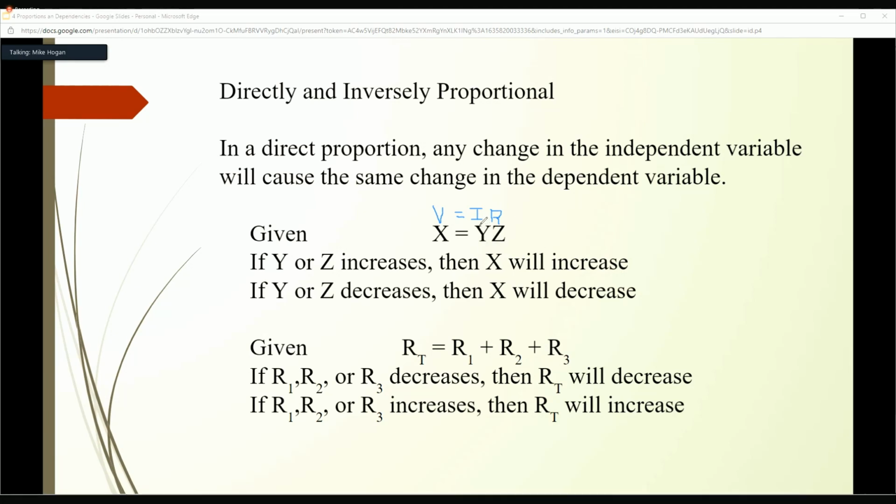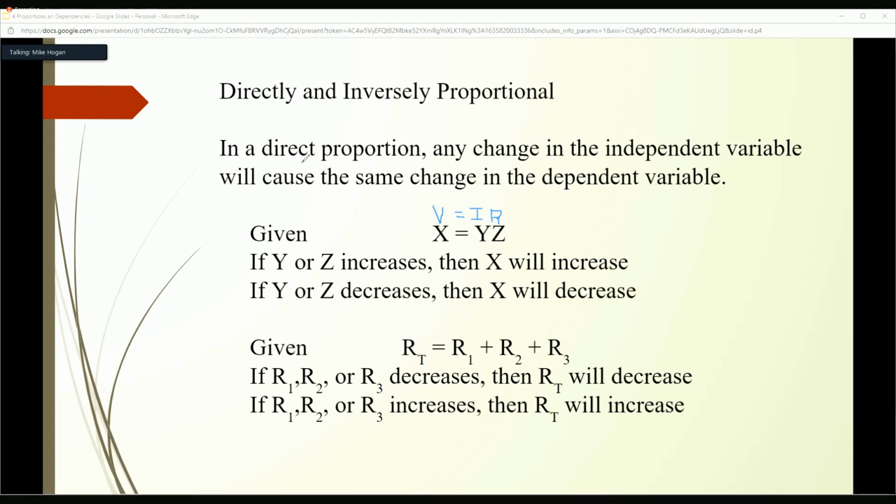If I increase my current, well, my voltage must increase for that to be true, right? We're going to talk about those two being directly proportional throughout this entire course, because for any given resistance, as voltage increases, current's going to increase. Same thing happens if my voltage decreases, my current is going to decrease. So when we say directly proportional, basically what we mean is they're moving in the same direction. As one increases, the other is going to increase, right?